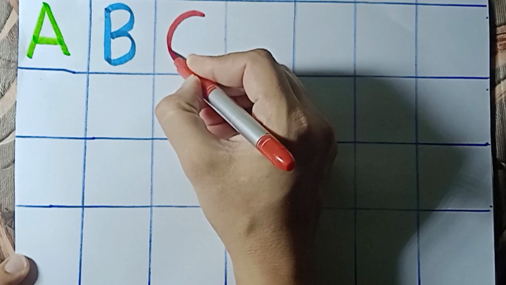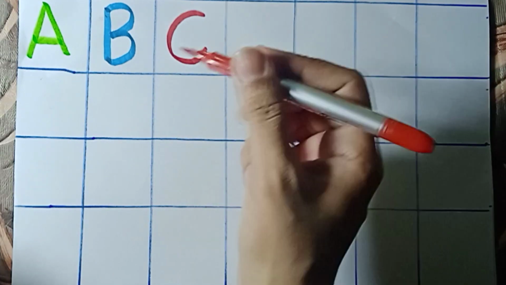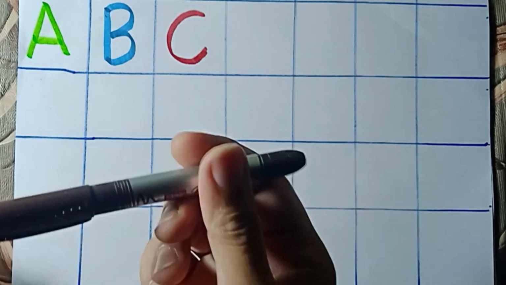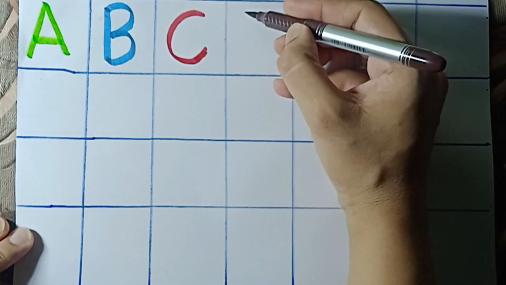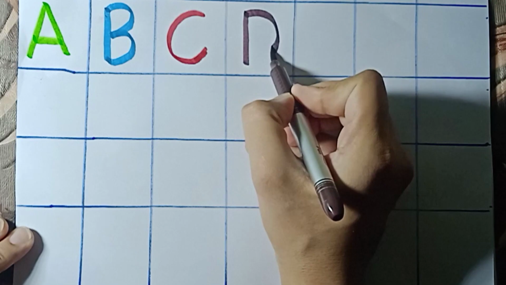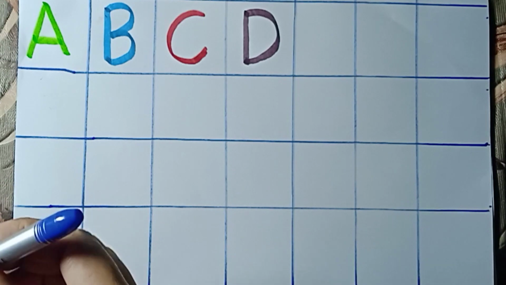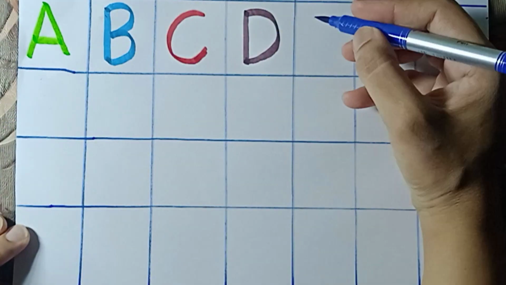C. C for cat. C for cat. Brown color. D. D for donkey. D for donkey. Blue color.